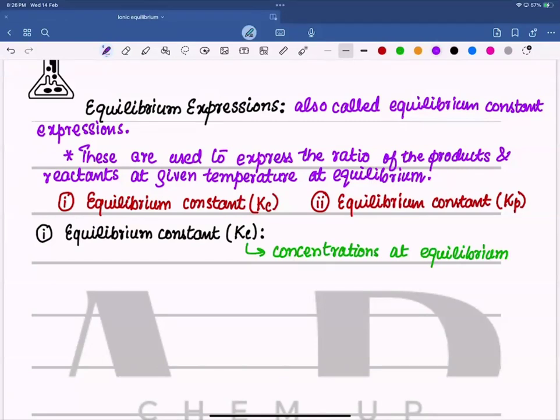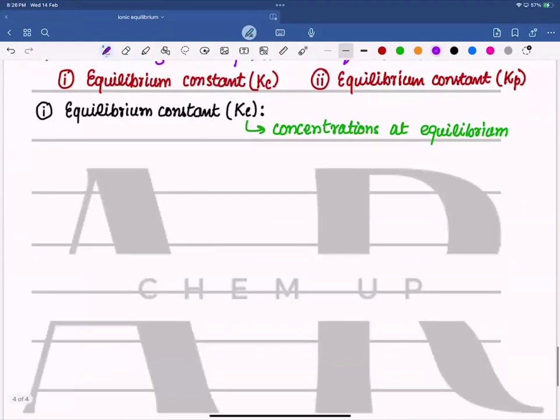Another important thing over here: to represent the concentration. Sir, concentrations of what? Like the reactants and products? Products both, yeah, reactants and products.